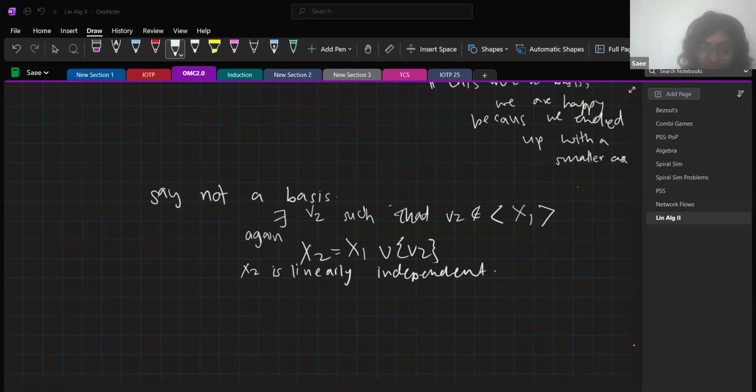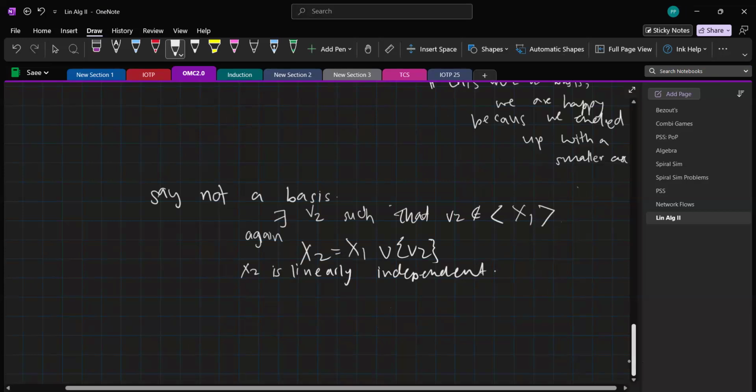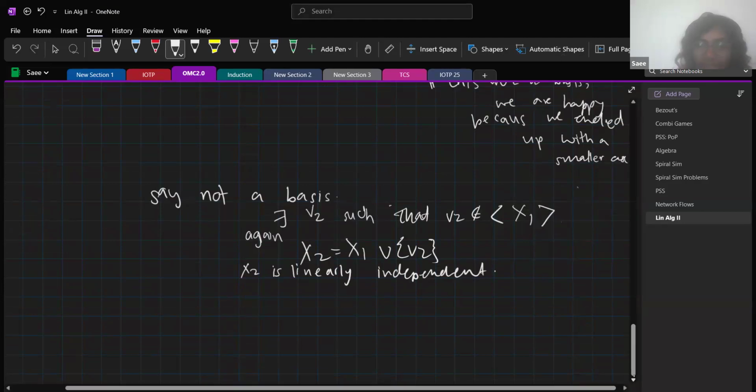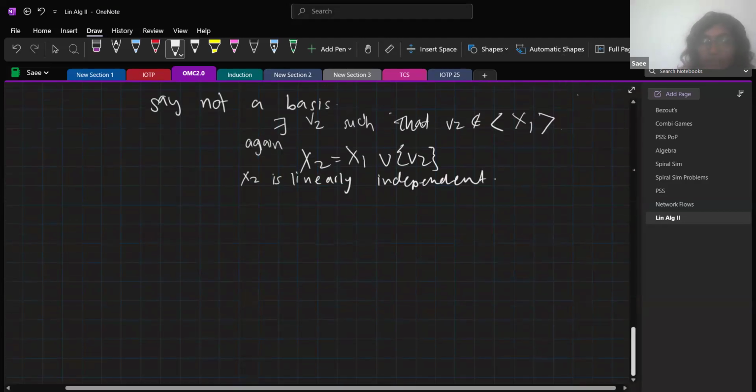Yes. That will only be till n minus 1, right? Like we can't add all the Vi's. We can only add till Vn minus 1. Yeah. So we can stop when we get a basis. At some point we will have to stop because we can't keep on adding things forever.